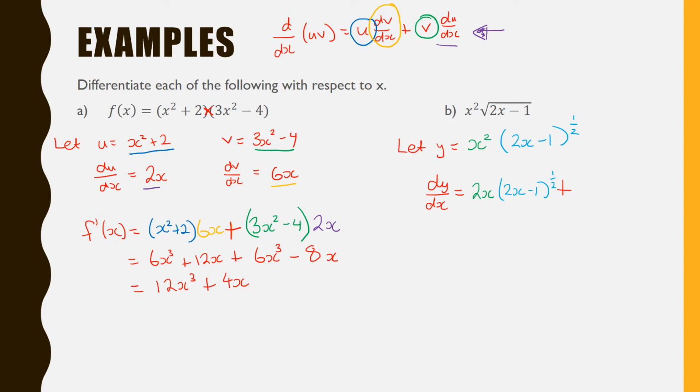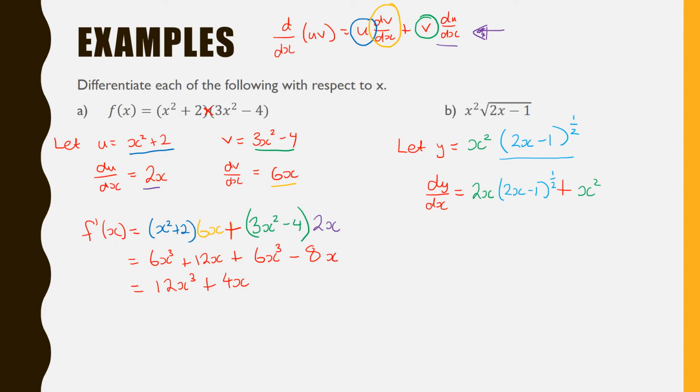Plus, now we need to do the opposite this time. So last time we differentiated the first and multiplied by the second. So this time we leave the first as is, x squared, and we need to differentiate the second. But notice that to differentiate the second function here we need to use the chain rule.